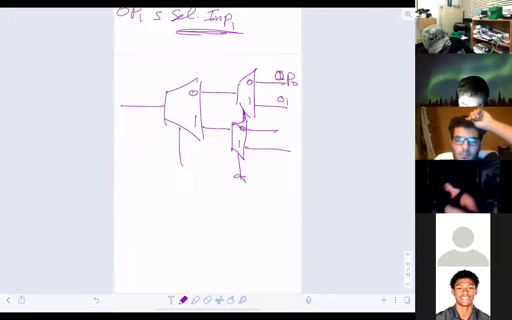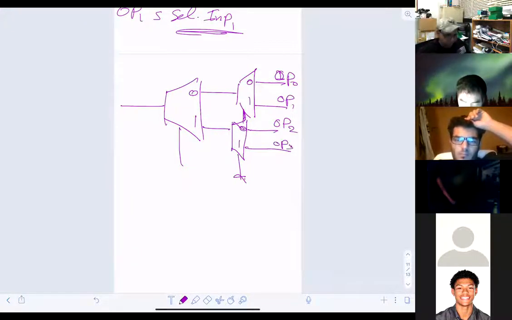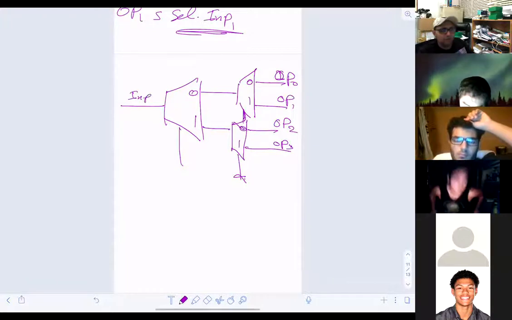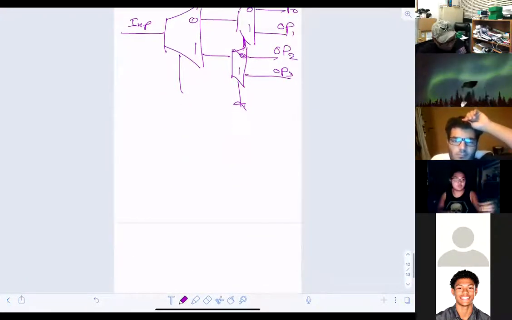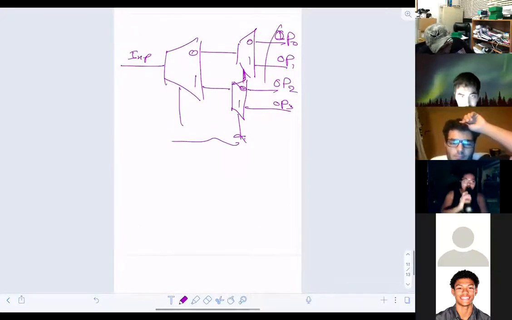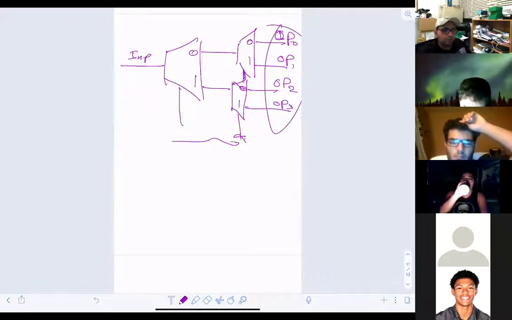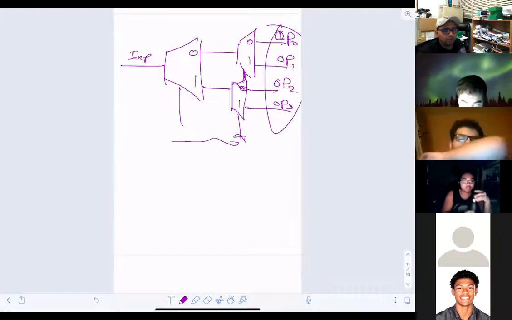Output 0, output 1, output 2, output 3. Do you guys agree? Same thing we did before with the multiplexer. In that case, how many bits will we need to control the output? 2 input bits, 2 control inputs.